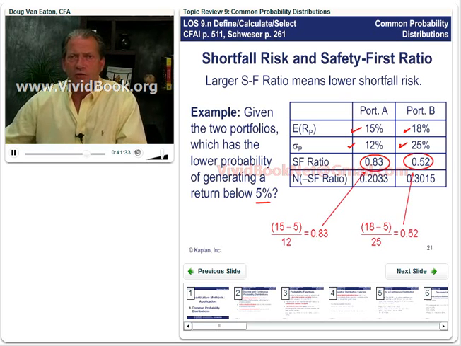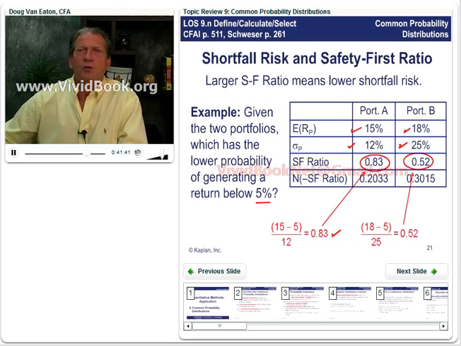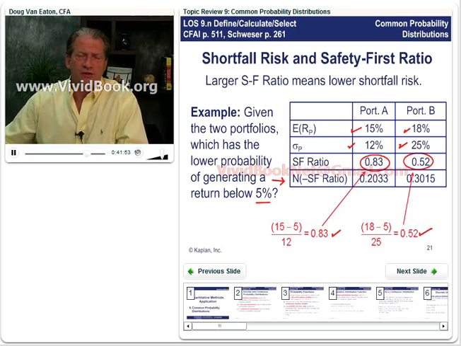Well, it turns out the safety first ratio for portfolio A is 0.83, and for B it's 0.52, and we like the higher one. And I just put this on to bring this full circle to illustrate this point. This N, that's the cumulative normal distribution function. That's what we were reading off the table.